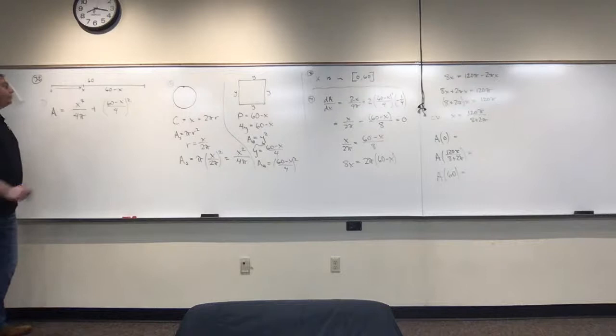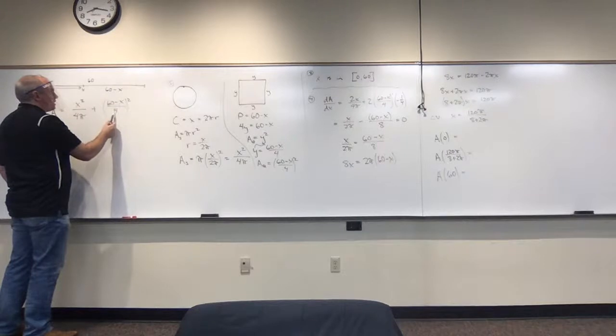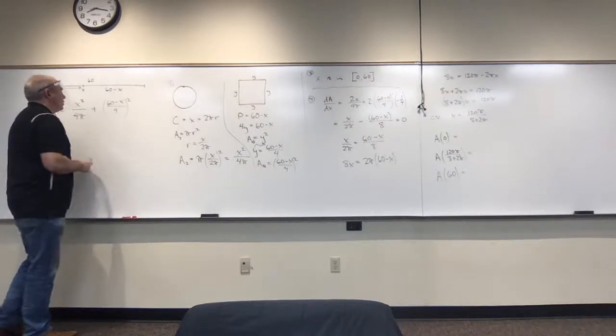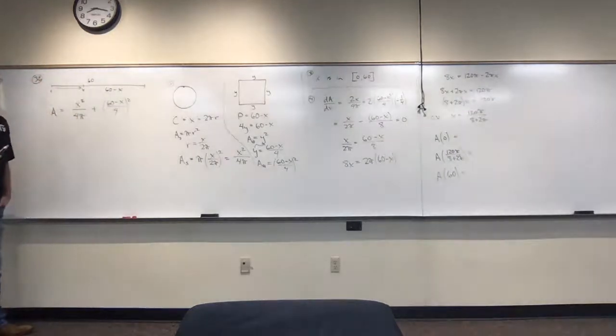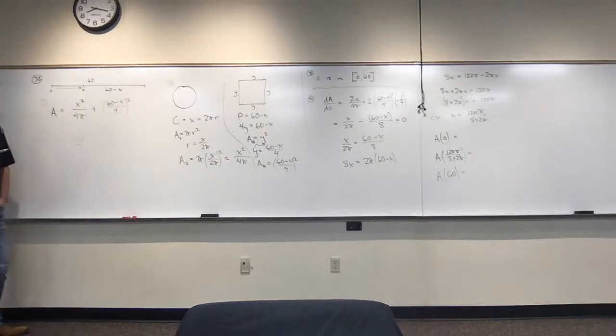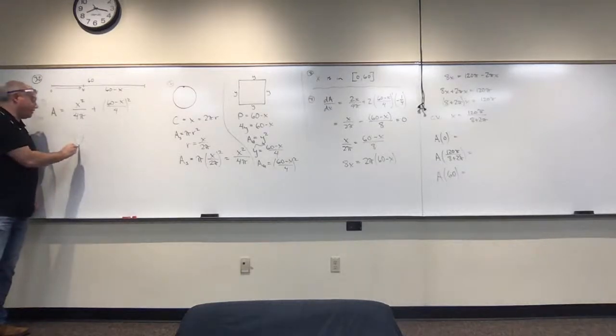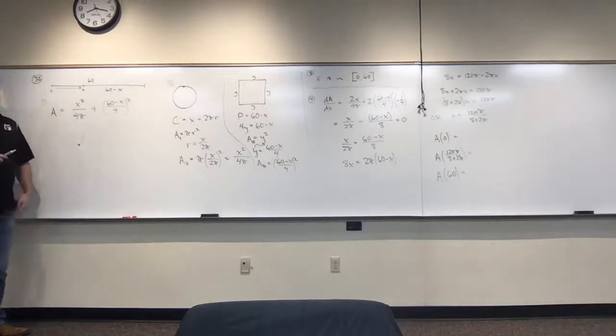And if you multiply this out, you get positive x squared over 16. So the x squared term is positive. And when the x squared term is positive, parabolas open up. Correct? So just looking at this, what kind of critical value is going to show up on a parabola that opens up? A minimum.